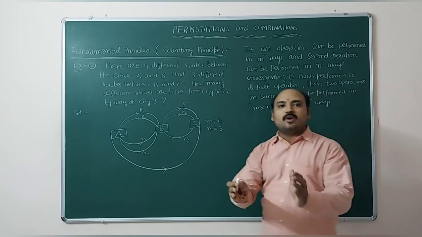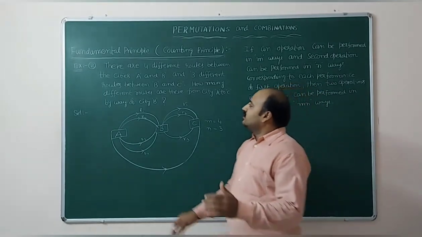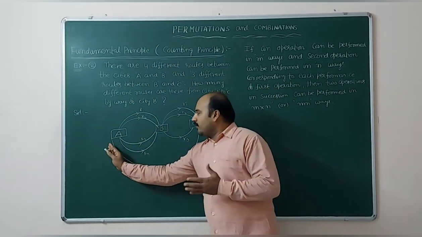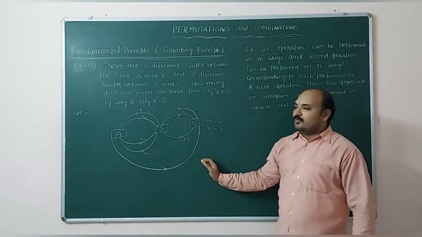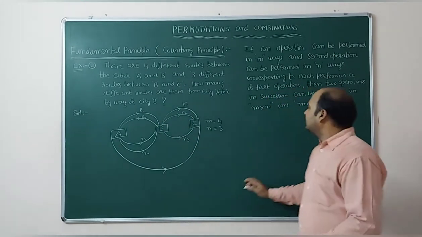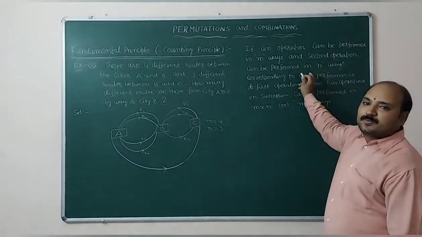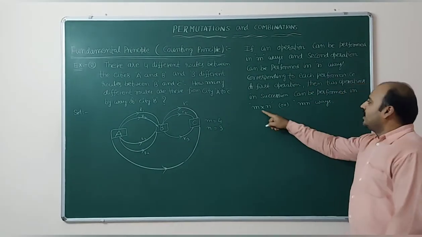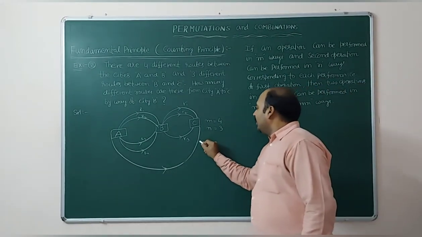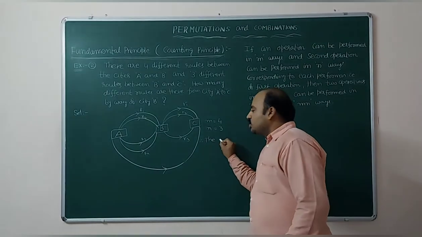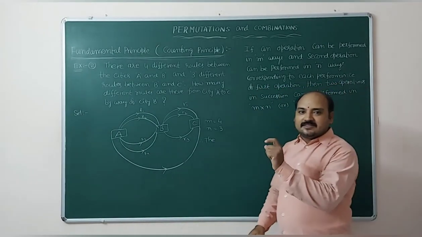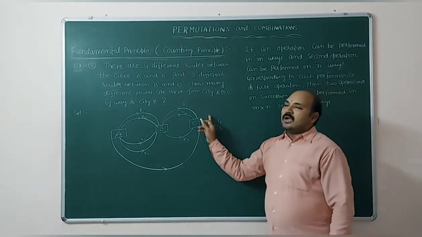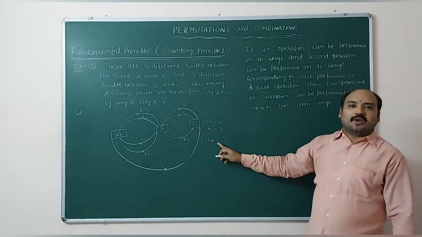The total number of ways for the person from A city to C city, using the counting principle or fundamental principle, is m into n ways. Therefore, total here means it is not addition, it is the multiplication, the product of these two operations.